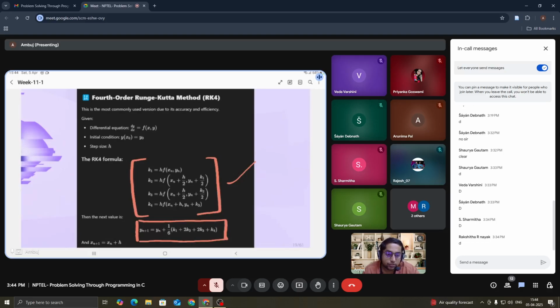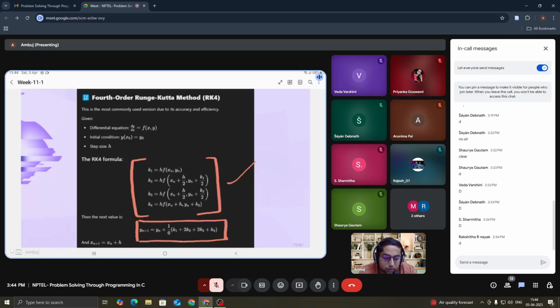Then k2 is h into f(xn + h/2, yn + k1/2). Then k3 is h into f(xn + h/2, yn + k2/2). And k4 is h into f(xn + h, yn + k3), since h/2 plus h/2 is h. These are for k1, k2, k3 and k4 and the final expression.